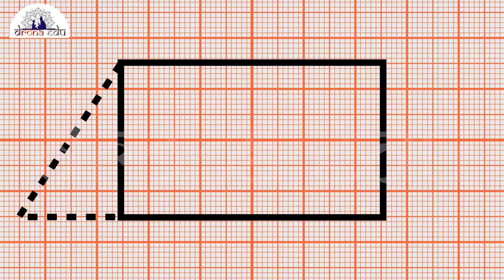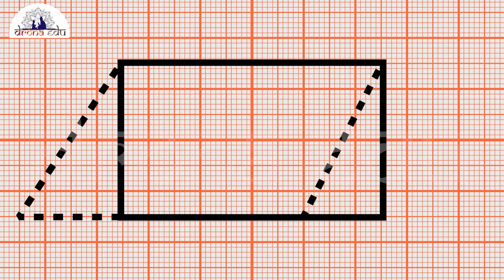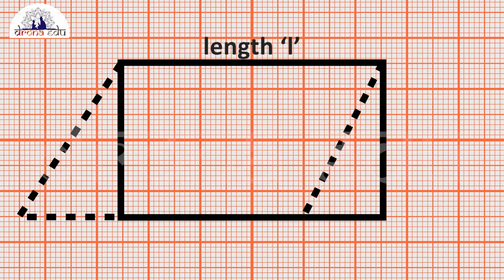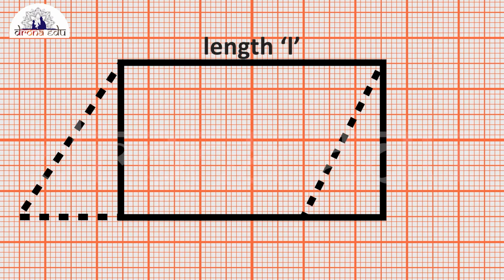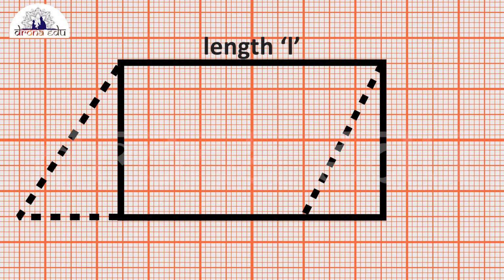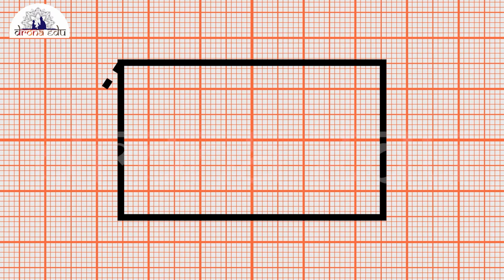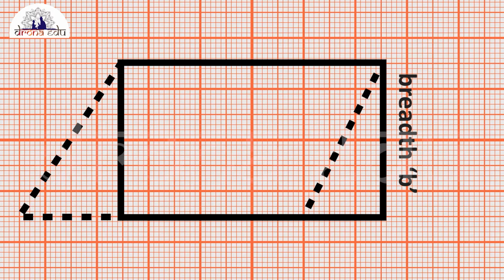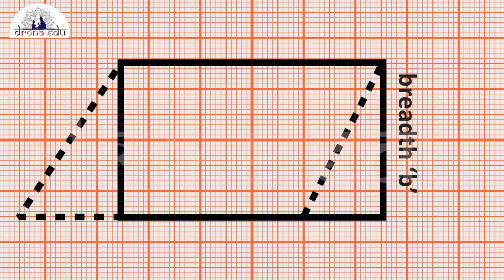Here the horizontal line at the top is not changed, right? So we can take that as the length L of the newly formed rectangle. And the breadth of the rectangle will be its height or altitude.